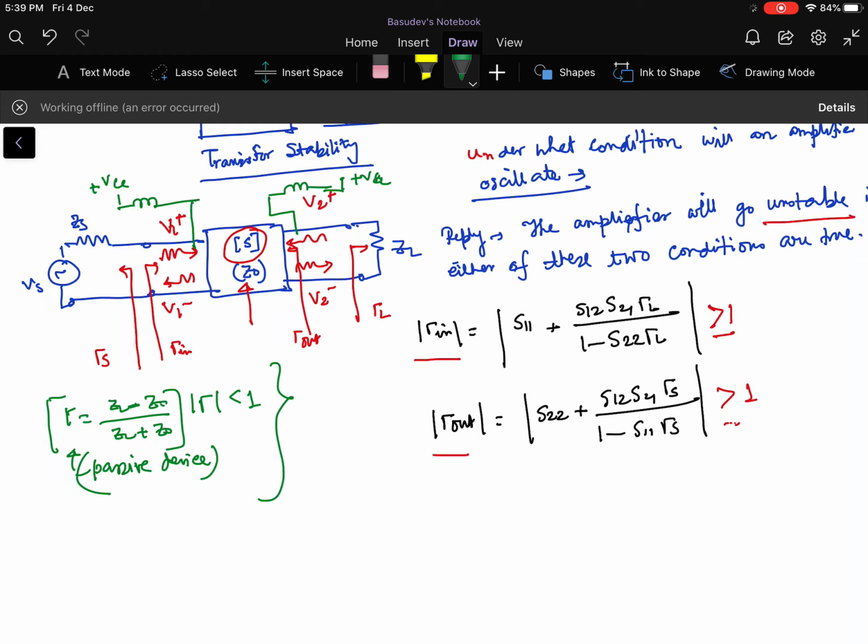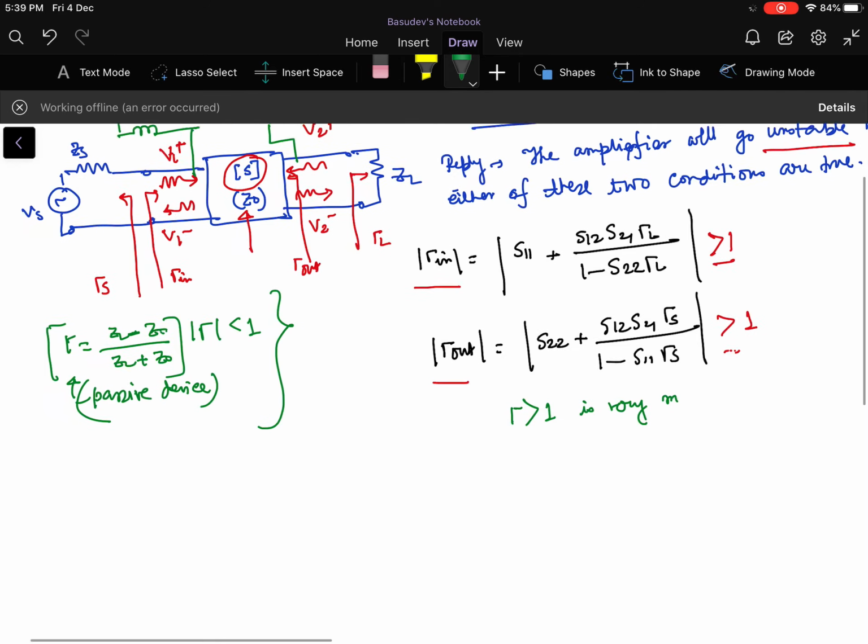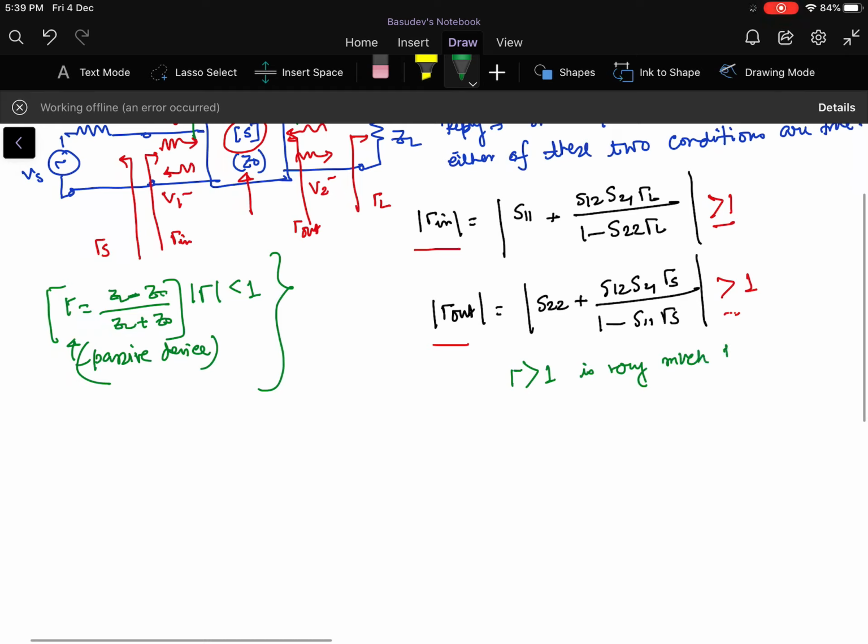So these are RF chokes. So if it is an active device, then tau greater than 1 is very much possible for an active device.